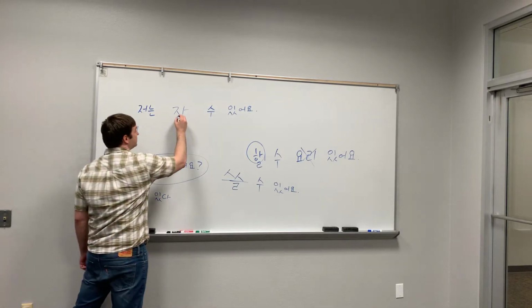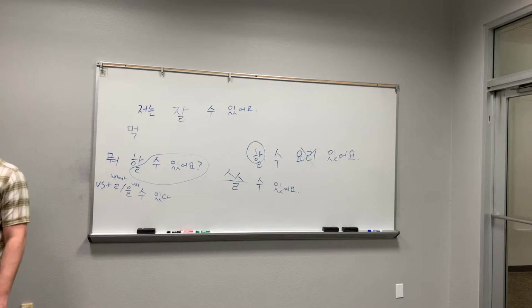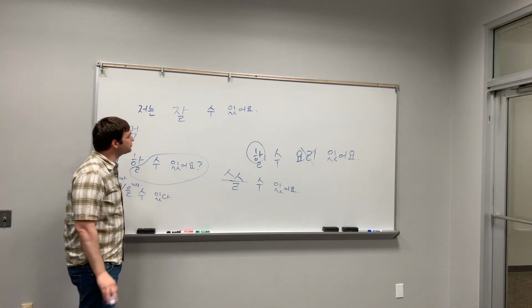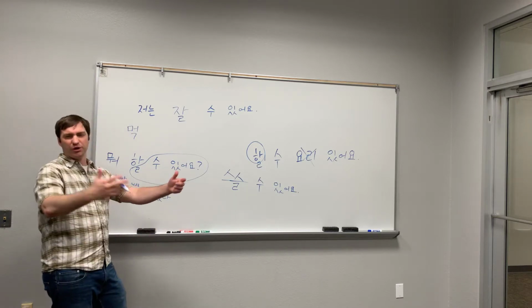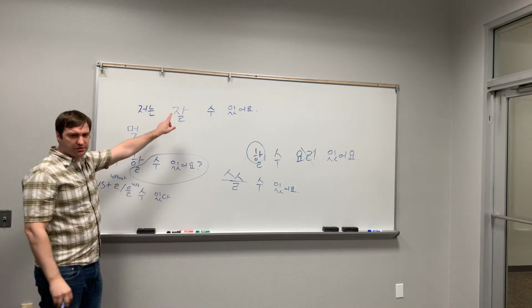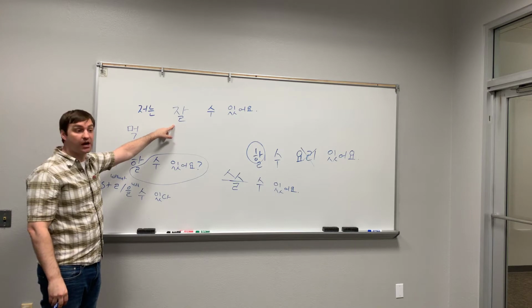Good. There's no padchim, so the ㄹ comes underneath. Now, isn't it interesting how a lot of words you'll end up making like a word. If you just took this by itself, remember how I told you earlier, 잘 means well or good, right? 잘 먹어요.